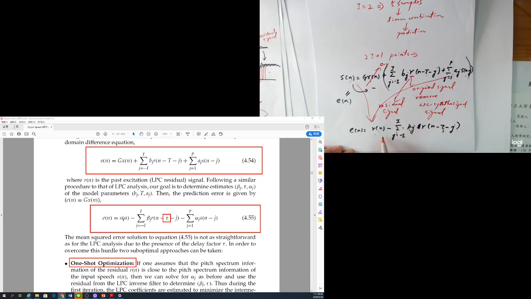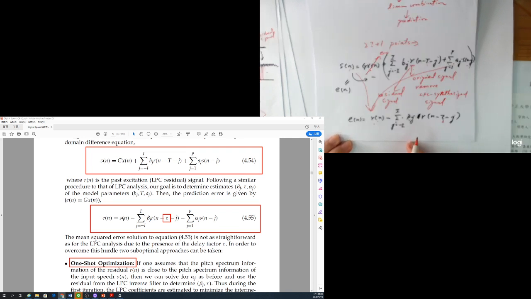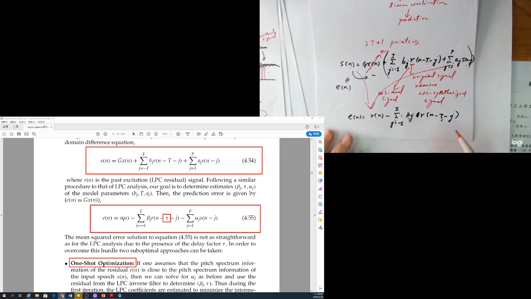So we try to find the best match: the best match tau and the best match beta. According to this, we have two unknown, two different types of parameters, and we try to find the best values.